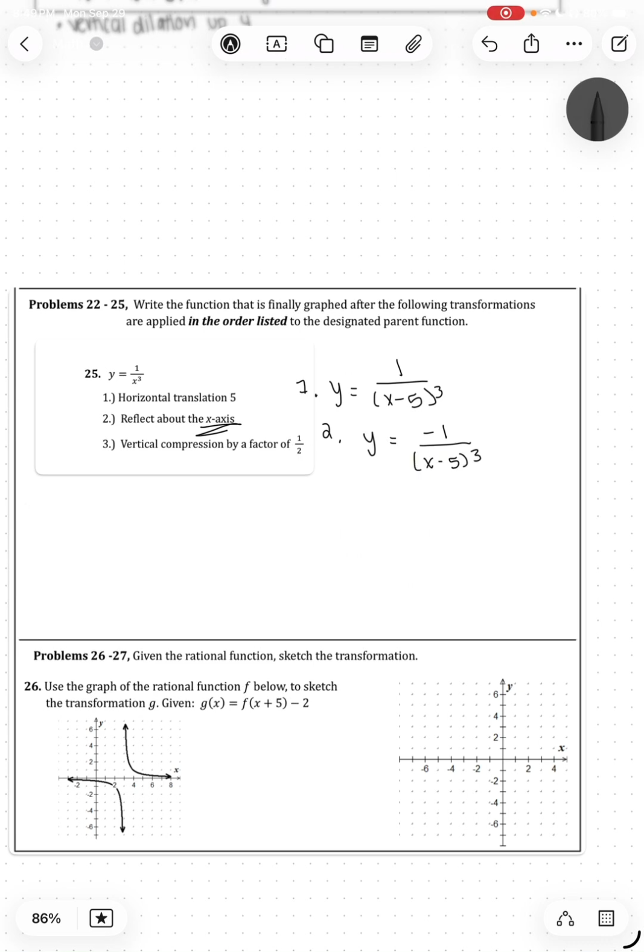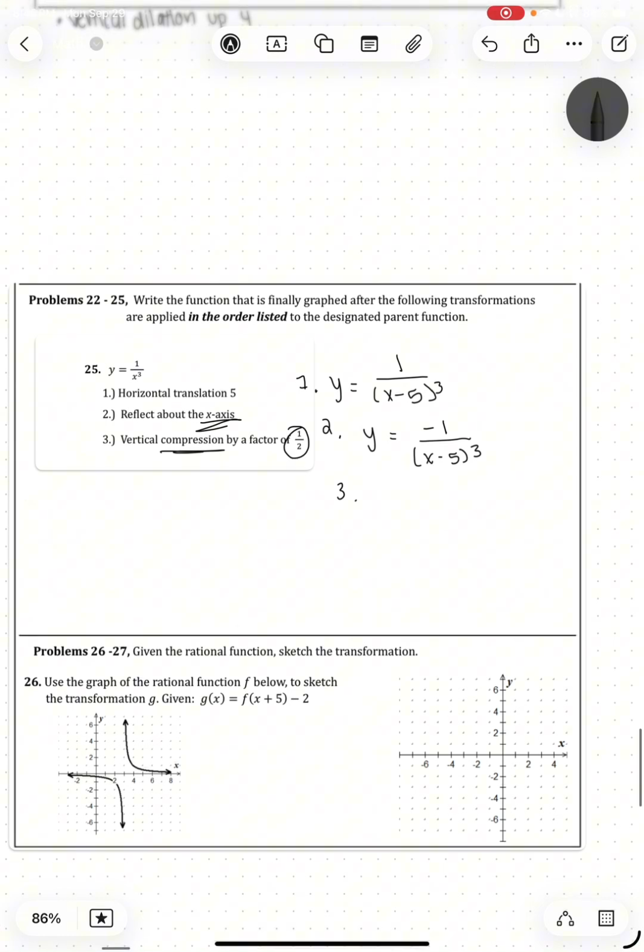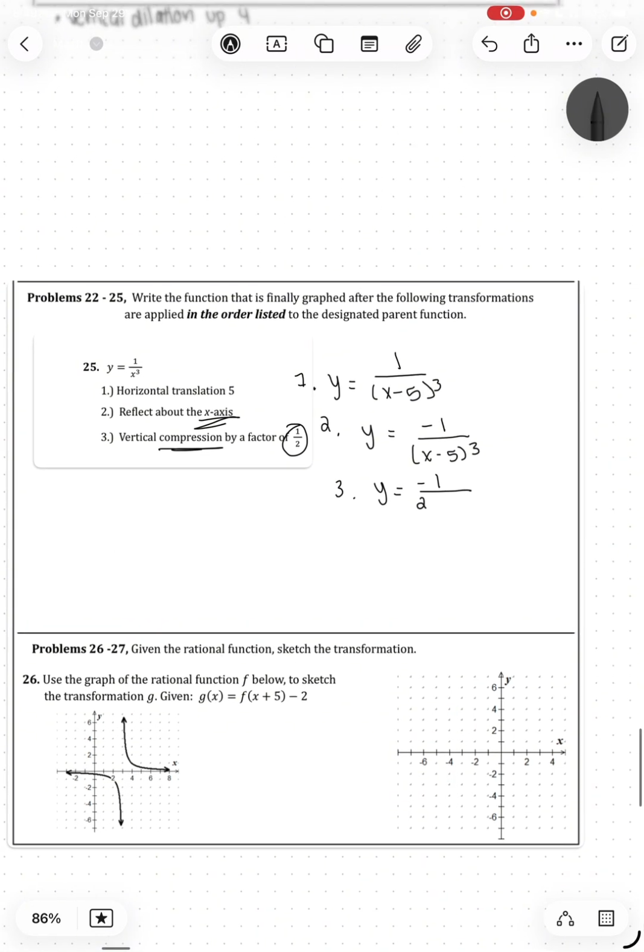And then for 3, we have a vertical compression by a factor of 1/2, which would just mean y equals -1 over 2 times (x minus 5) to the third. And that is our final answer.